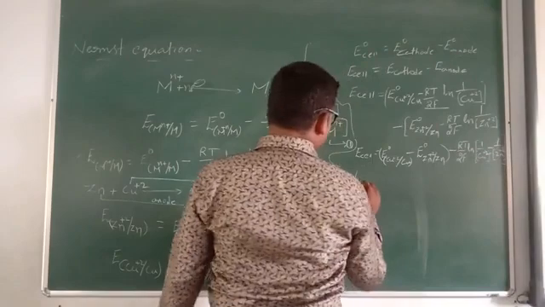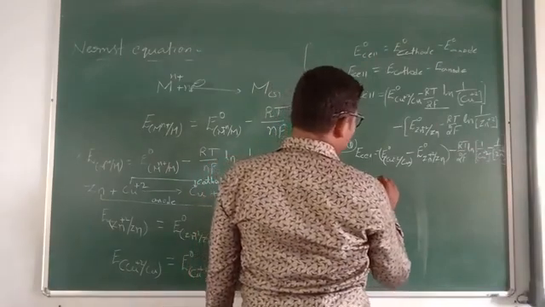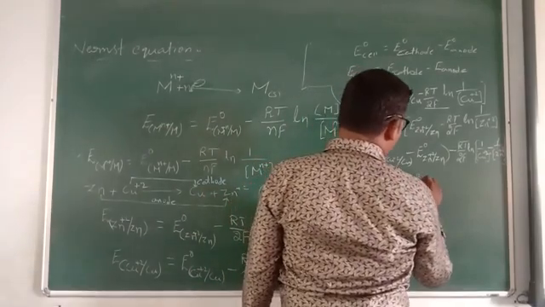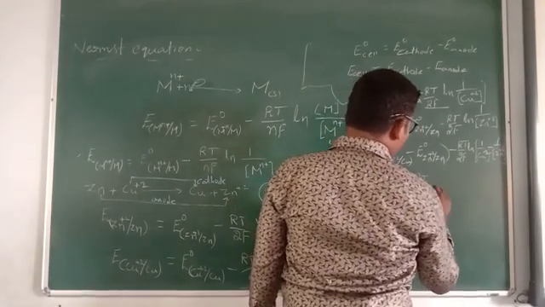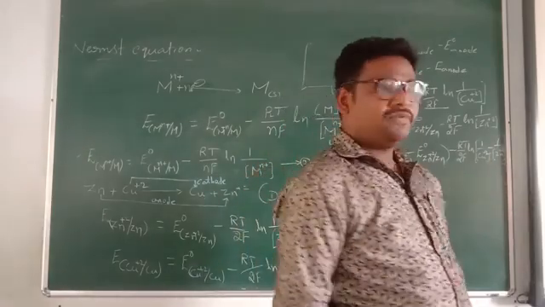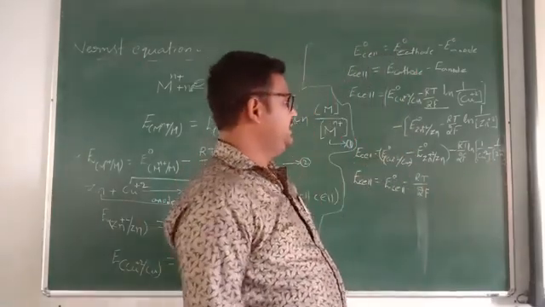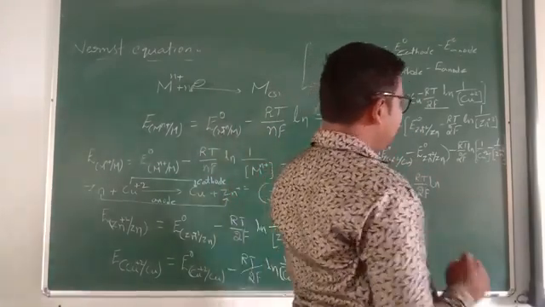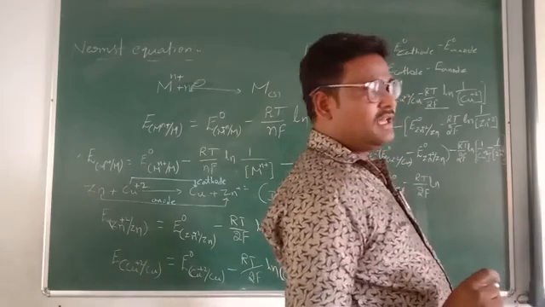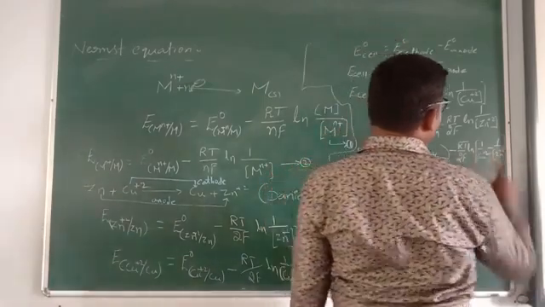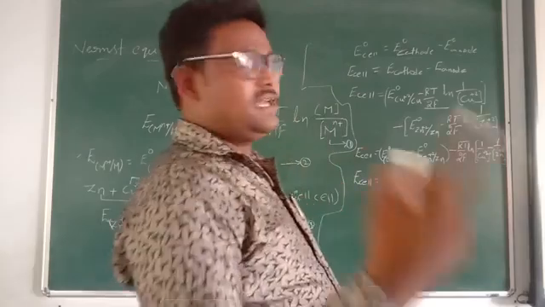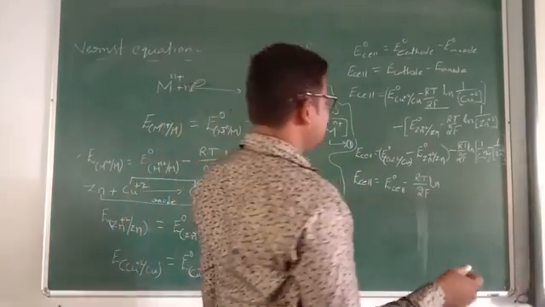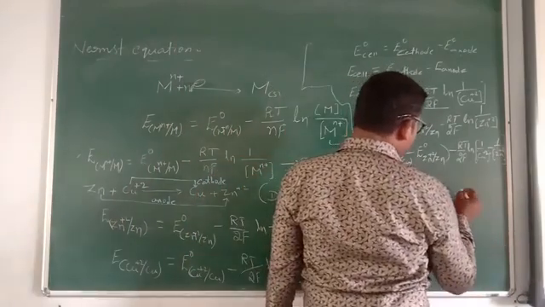So E cell is equal to E naught cell minus RT by 2F. Using the log A minus log B formula, log A by B, so ln A minus ln B can be written as ln A by B.